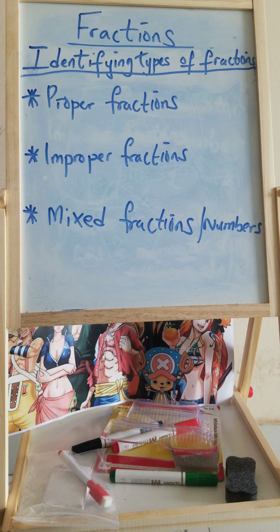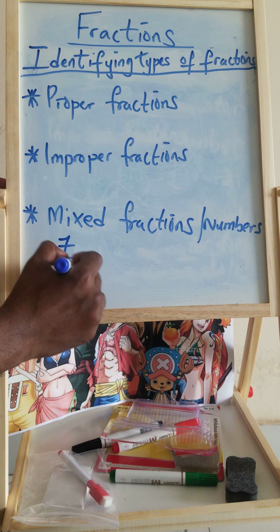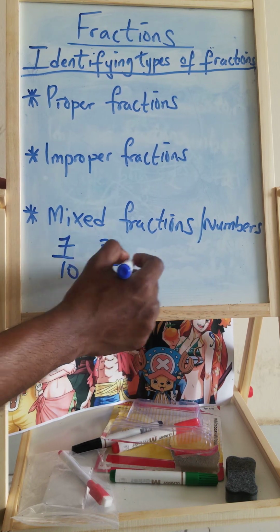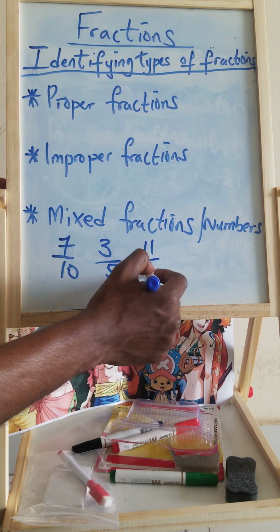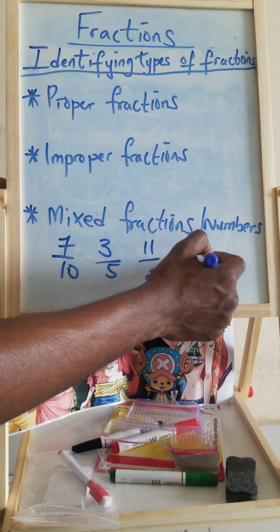As their name implies, let me use their name to give you an insight into how to identify these types of fractions. Proper fractions. We have different kinds of numbers that are fractions. We have 7 over 10, we have 3 over 5, we have 11 over 2, we have 7 whole number 1 over 4.